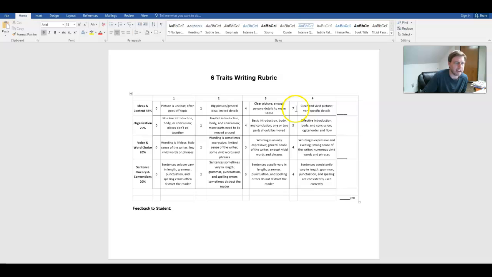But when it comes to the actual student score, you can see that a 4 in ideas and content is worth 7 points. For organization, a 4 would be worth 5. And then for voice, word choice, and sentence fluency and conventions, a 4 is only going to net you 4 points. And so that's how, as an English teacher, I was able to weigh these categories rather than creating some mathematical equation in the grade book. It was just easier to do this way.